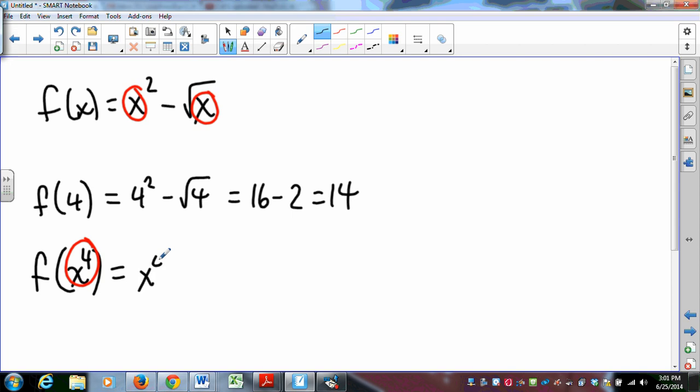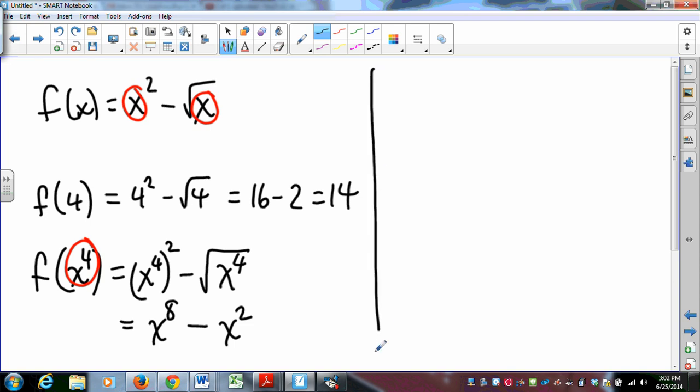So that's x to the 4th squared minus the square root of x to the 4th. I know x to the 4th squared, those powers multiply, so that's x to the 8th, minus, this is the square root of something to the 4th, that's x squared. And maybe we could factor out a GCF, and maybe we could factor what remains as a difference of 2 cubes, but those are things I'm not going to worry about at this time.